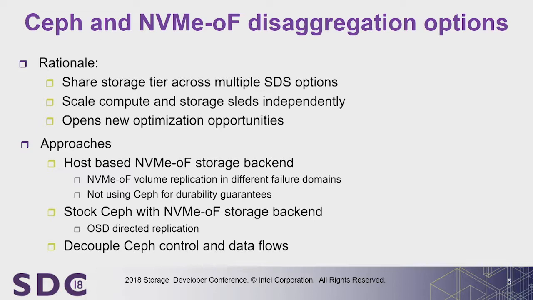Well, by our observations, there are a couple of approaches people have already been practicing. The first one we refer to as the host-based NVMe-over-Fabrics storage backend. Well, this is kind of an extreme of, okay, I want to reuse my NVMe-over-Fabrics just like a SAN. I have mirroring capability. I'll let it maintain my replication.